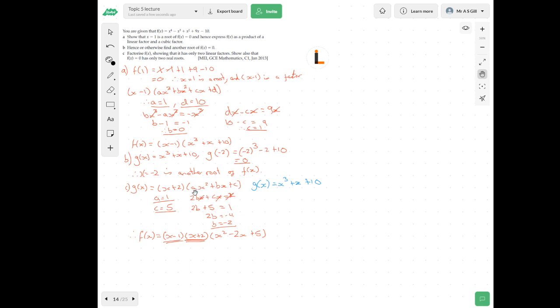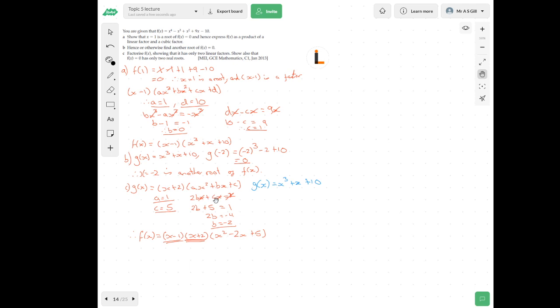So therefore a must be 1, because x times ax squared is equal to 1x cubed, so a is 1. The constant term will be 2c, and 2c must be equal to 10, therefore c equals 5. And b we then work out, like we did previously, by looking at all the x terms.